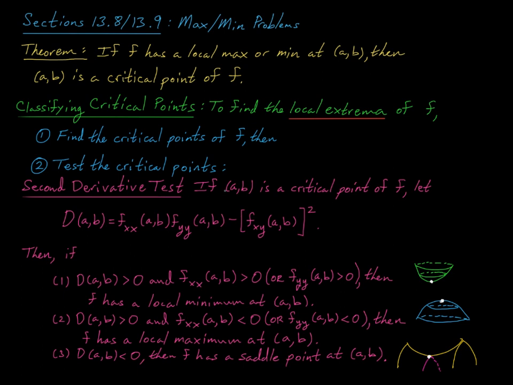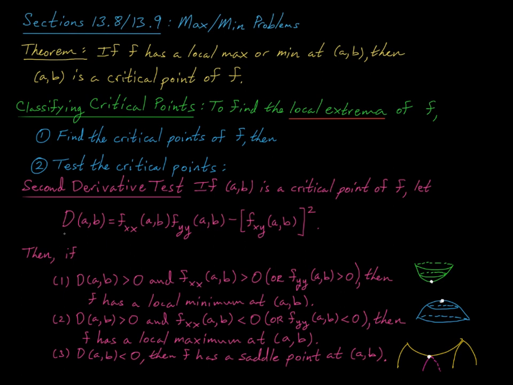It says if (a, b) is a critical point of f, let this quantity capital D of (a, b) be defined as follows. We multiply the xx and the yy derivatives of f evaluated at (a, b), and then we subtract from that product the square of the mixed partial derivative of f at (a, b).